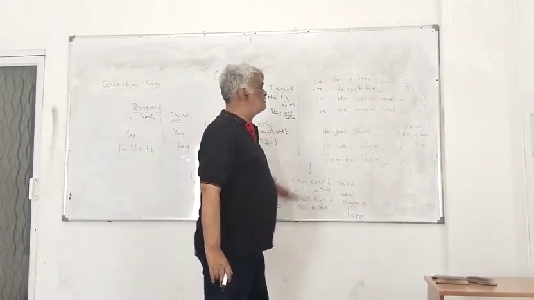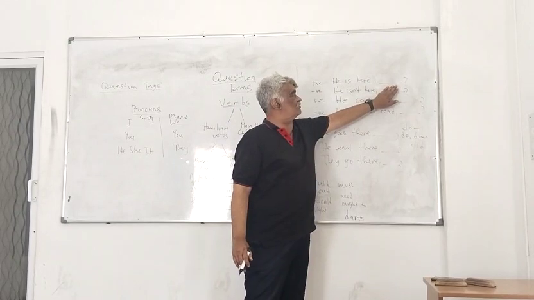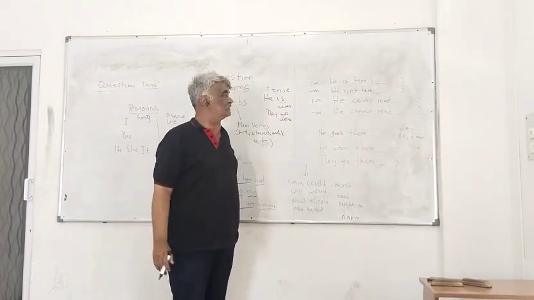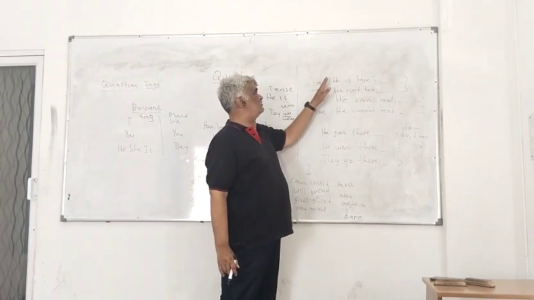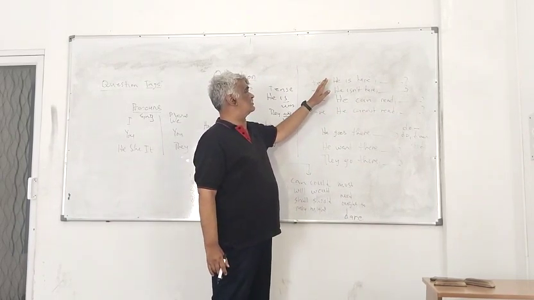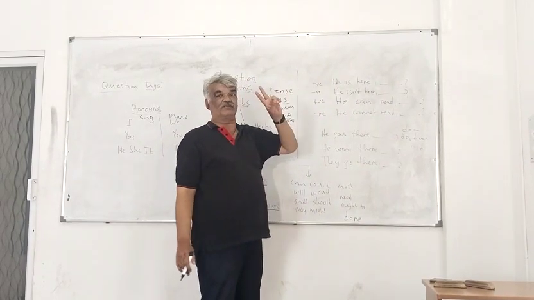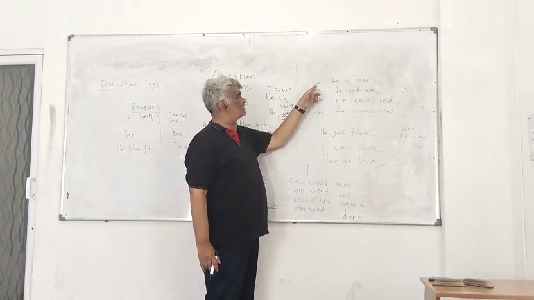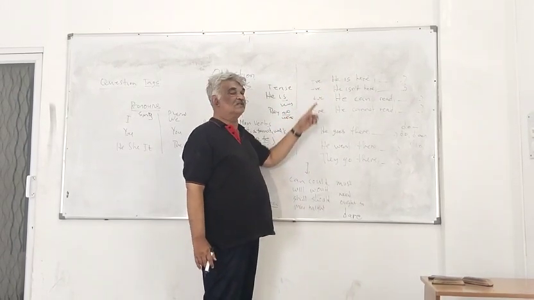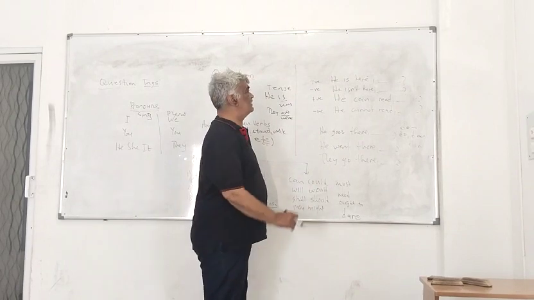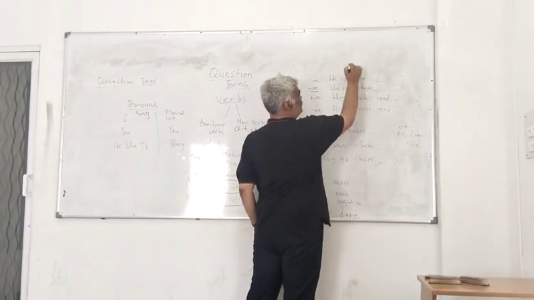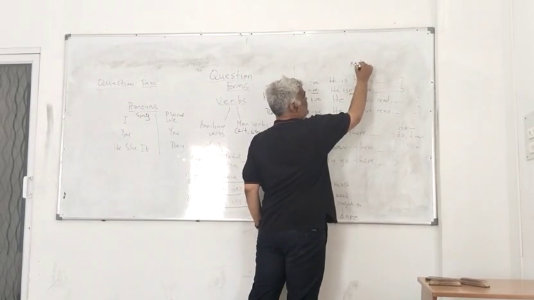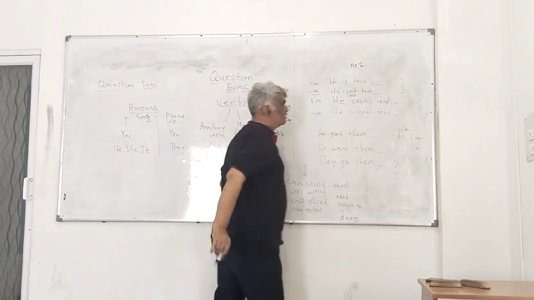So how do we form the tags? Now, to understand this, we need to know that there are two types of sentences. One is the positive sentence, the other is the negative sentence. The negative sentences have the word not.